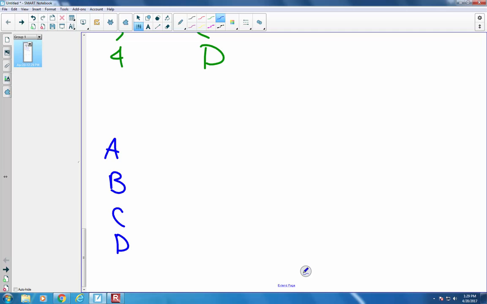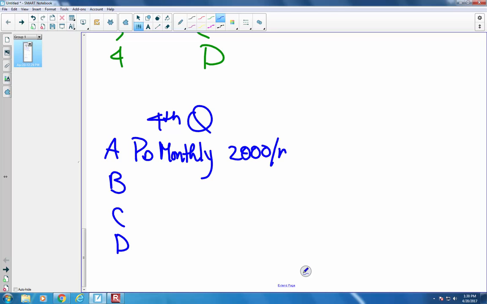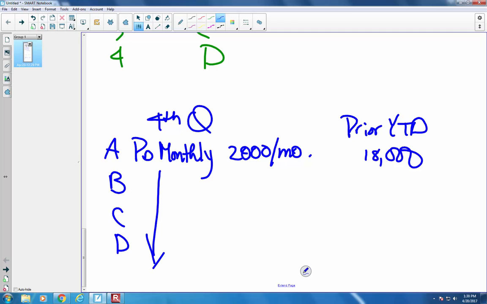How much have they earned before today? So they're all paid monthly. So these guys are all paid monthly, let's see.